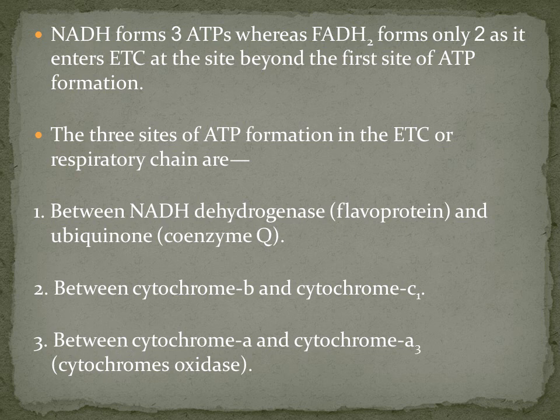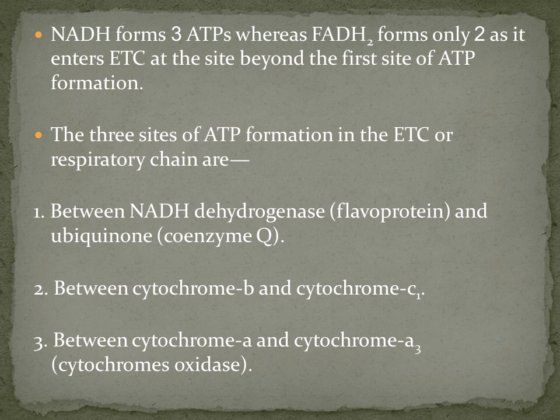There can be different types of questions in the first type. How many ATPs are formed from NADH, or how many ATPs are formed from FADH2, or 3 ATPs are formed from which, NADH or FADH2, or 2 ATPs are formed from which compound, FADH2 or NADH. The second type of question is on the ATP formation site. Which one of the following is the site for ATP formation in the electron transport chain?